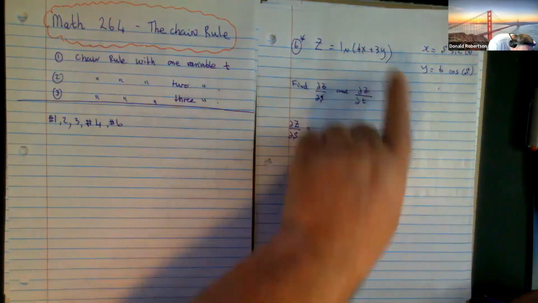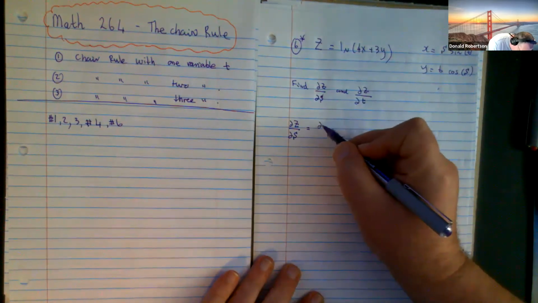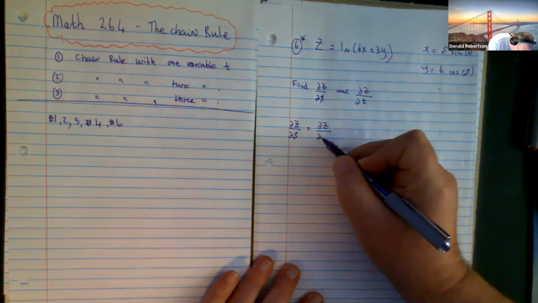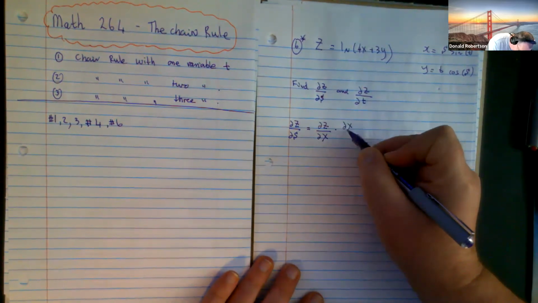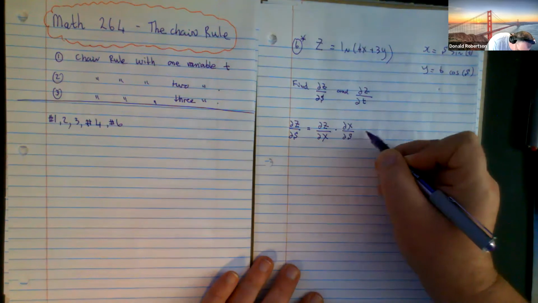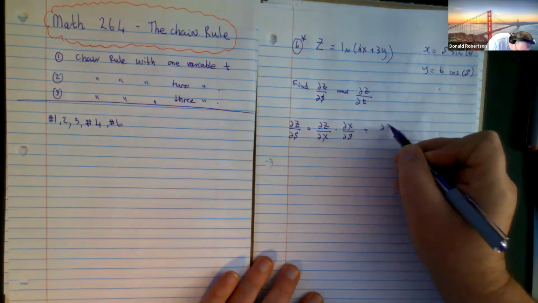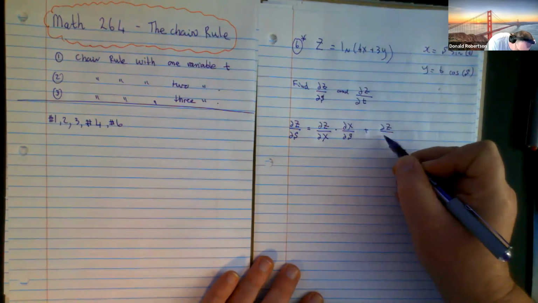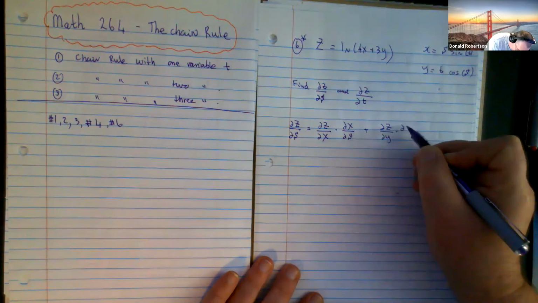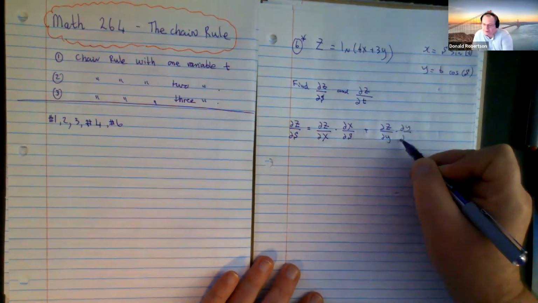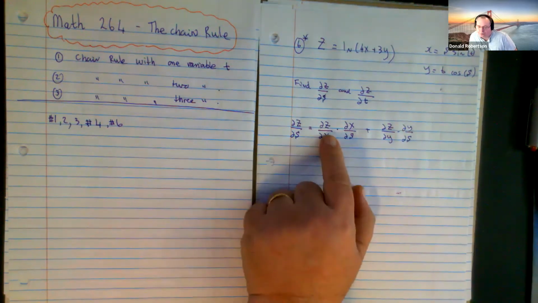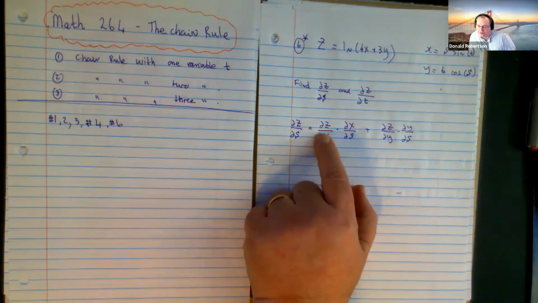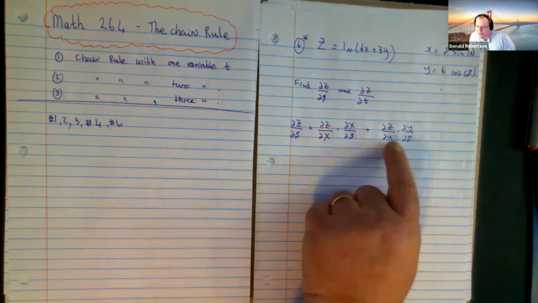So that tells me I'm going to go the partial derivative of z with respect to x times dx by ds, and then I'm going to do the partial derivative with respect to y times dy ds. Are you comfortable about that formula for this combination? Isn't that essentially the contribution that x makes to the answer, and this is the contribution that y makes to the answer?